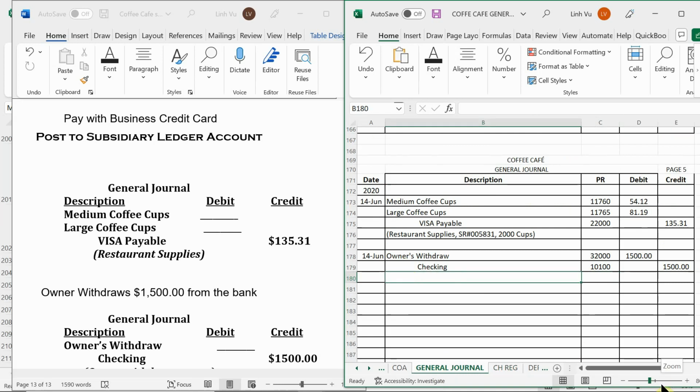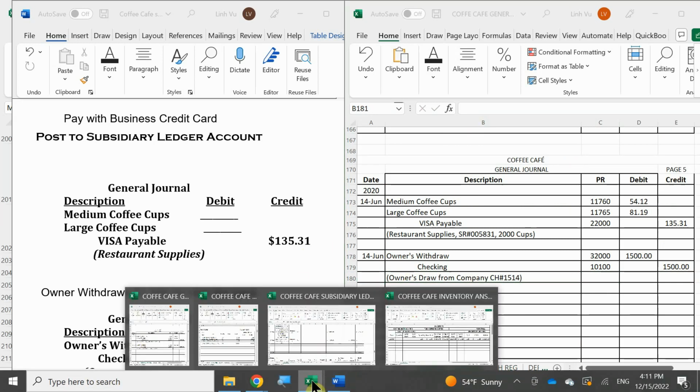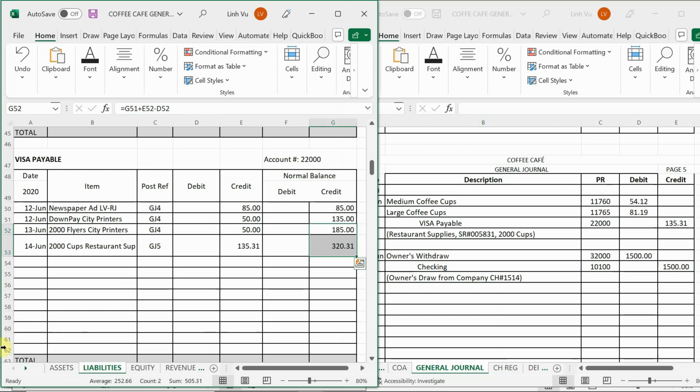So you have all the information you need here. You've got an owner's draw from the company with check number 1514. Okay? All right. So last but not least, let's go ahead and plug those numbers into my ledger.